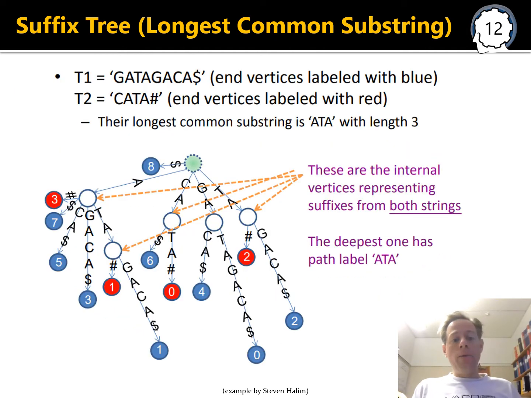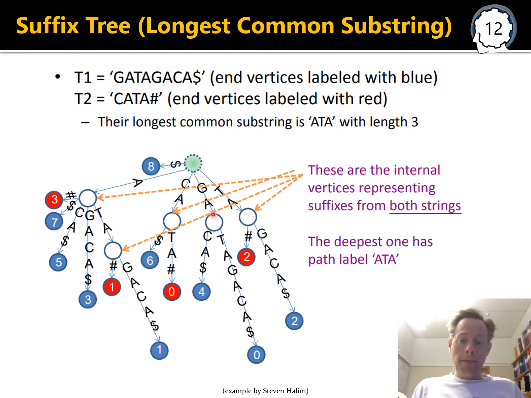Now we have an example here where we have GATAGAKAKA as before, and we have the second string KATA. And now we have to have different ending characters here, and then we build a joint suffix tree containing both these strings.